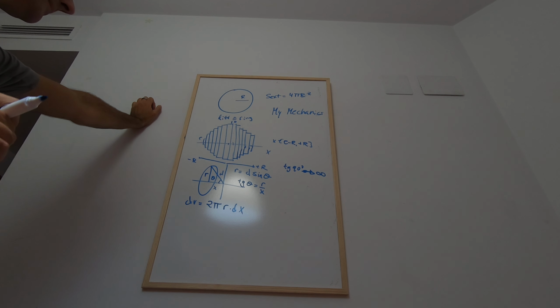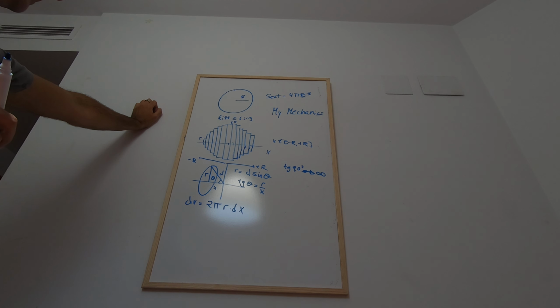Can I get an equation for x? The only relationship I can see between r and x is the tangent, and I don't like the tangent because of the integral.